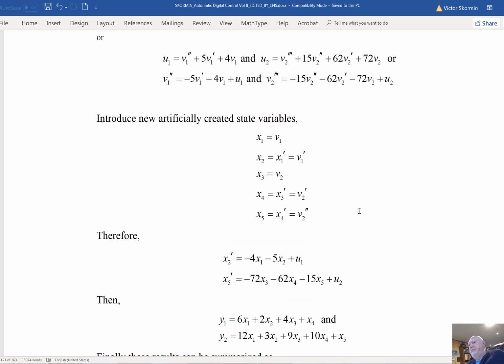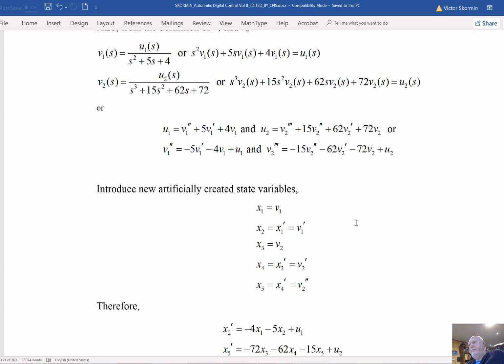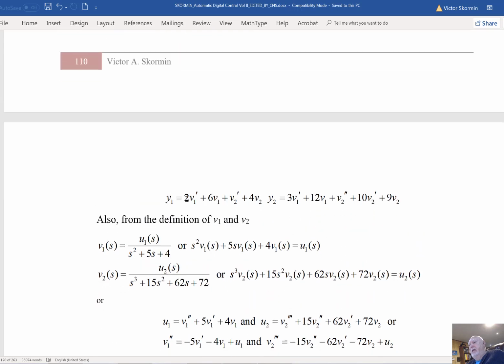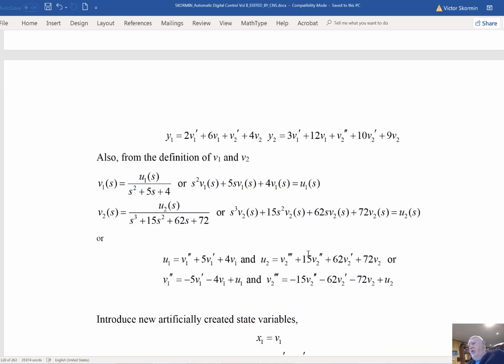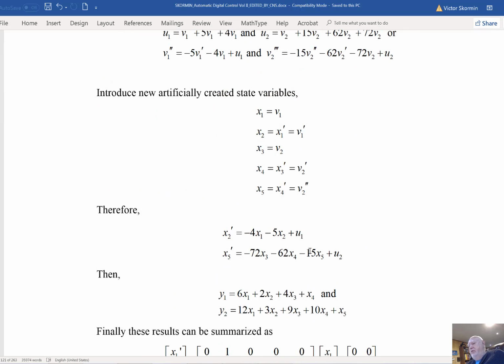Where does it come from? y1 is defined through variable v1 and variable v2, and derivatives of v1 and v2. y2 is defined through variables v1 and v2 and derivatives of these variables. And for all these variables and for their derivatives, I can use state variables, and this is what I have for y1 and y2.